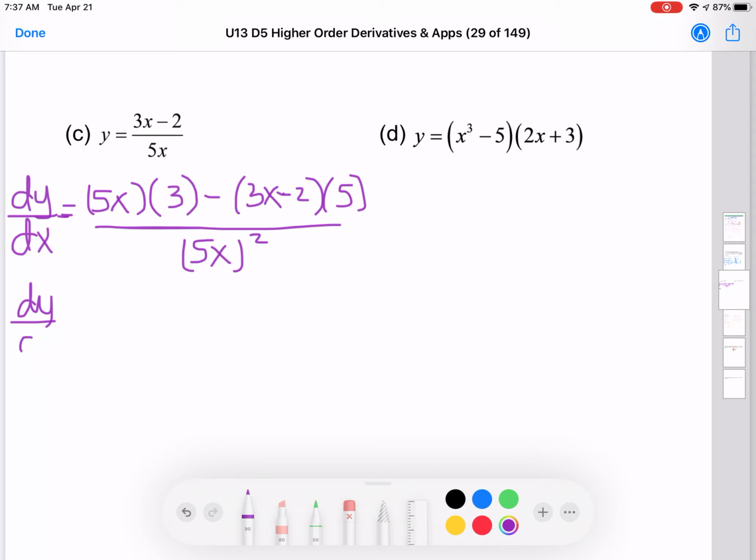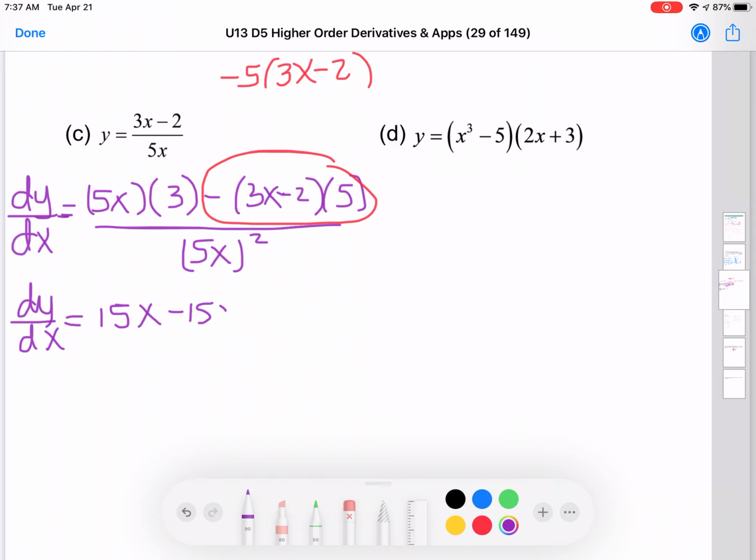So let's clean this up a little bit. So we're going to have 15x. Now, be careful when you're doing this math right here, right? How should you really do it? I would probably move the 5 to the front and make it negative 5 times 3x minus 2. Be a little easier. You do whatever you want there, but that's really the best way to do it. So we're going to get minus 15x plus 10 over, and remember, 5x all squared, so 25x squared.